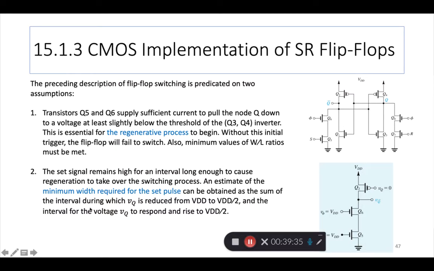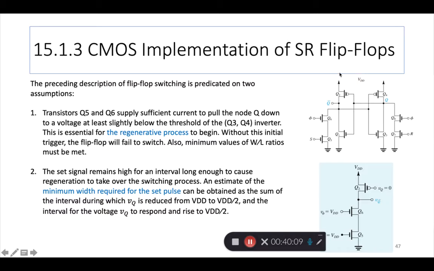So a couple more important things to remember. Even though we described how the flip-flop is working, two important assumptions are in here. One, transistors Q5 and Q6 have to have sufficient current capability to actually push Q down, right? So for that to happen, the transistors need to have a certain area, certain silicon, and VDD has to be sufficiently high.